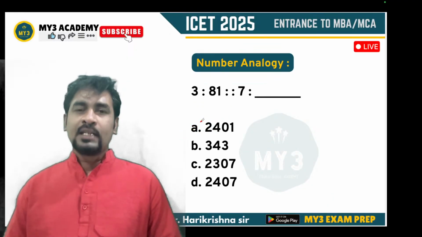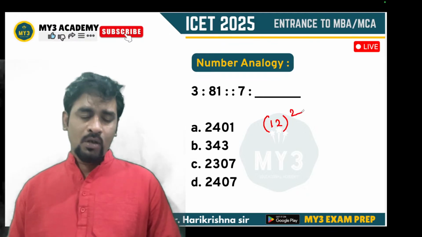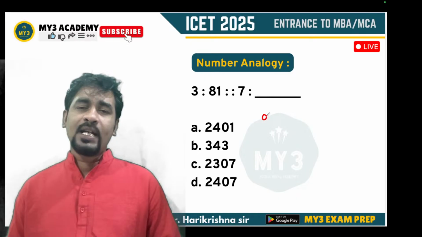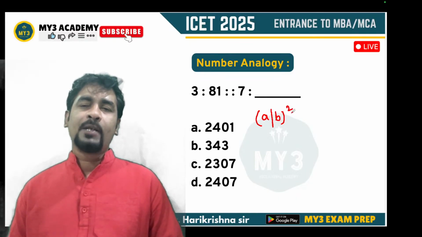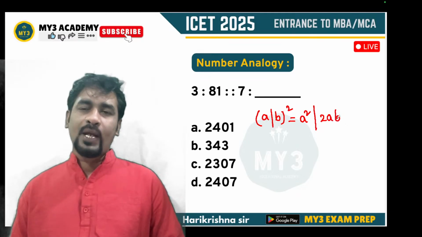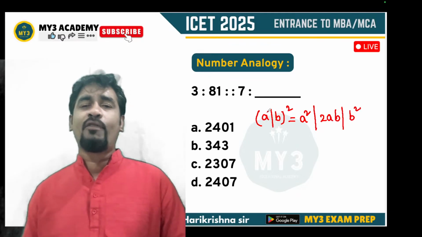Not only this. For example, if you didn't understand that, say you have 12 square. Whatever the square of a number, any bigger squares, this is very important. This is a speed math trick you can apply. The a plus b whole square formula is a square plus 2ab plus b square. I am applying it to find the square of a number.